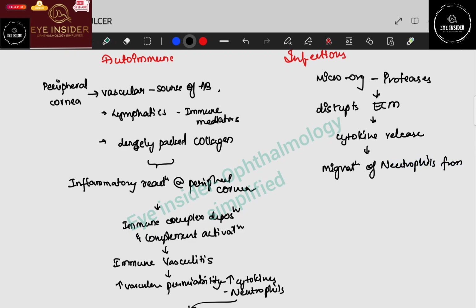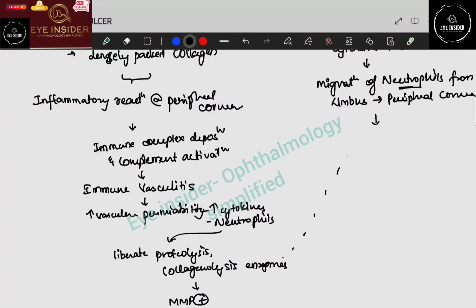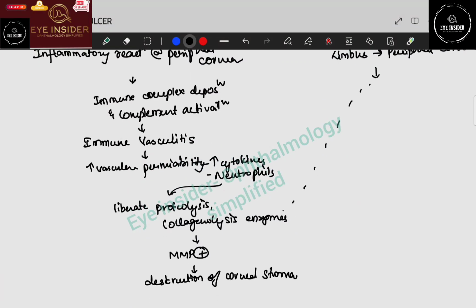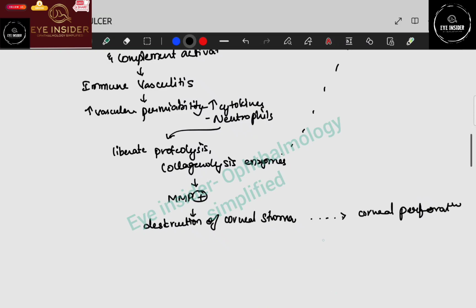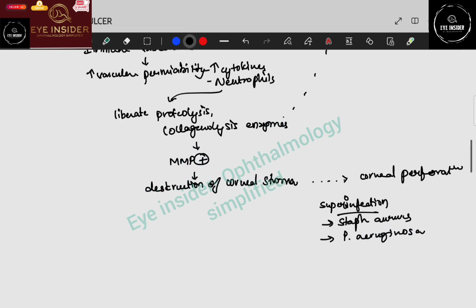These neutrophils lead to the same mechanism, proteolysis, collagenolysis, and MMPs, finally leading to destruction of the corneal stroma. This can ultimately lead to corneal perforation, and superinfection is a possibility because of reduced immunity, most commonly with Staph aureus and Pseudomonas aeruginosa. So these are the complications.